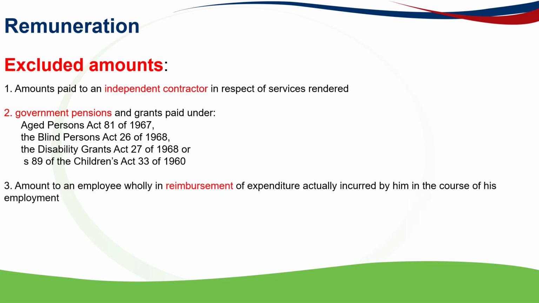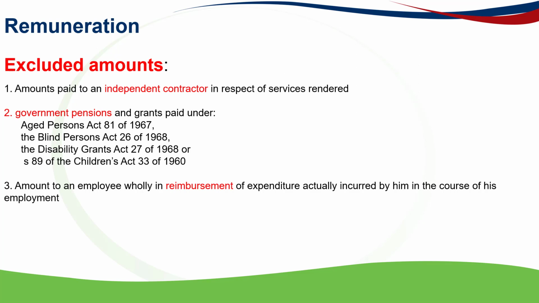The third exclusion is any amount that is paid to an employee wholly in reimbursement of expenditure actually incurred by him in the course of employment. If you think back to your reimbursive travel allowance, remember, reimbursive is where you have already expended whatever expenditure for business and you are claiming it back from your employer as an employee.